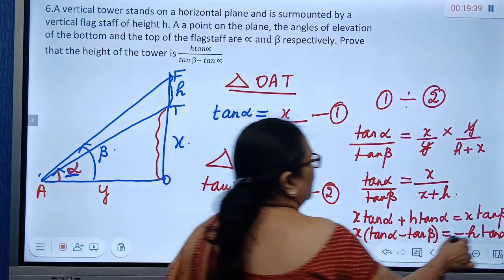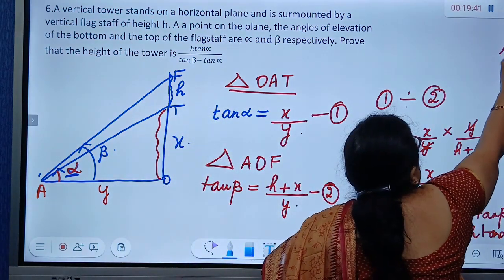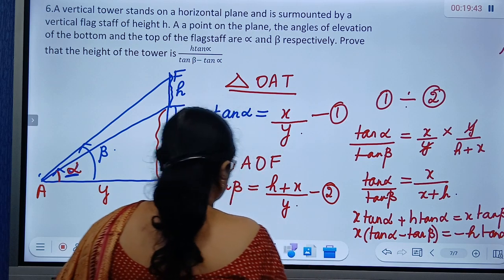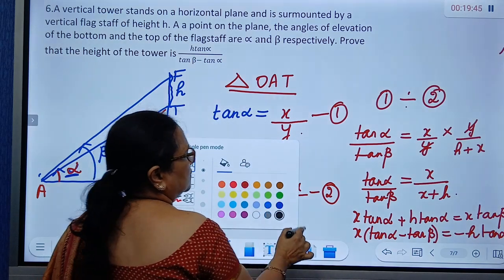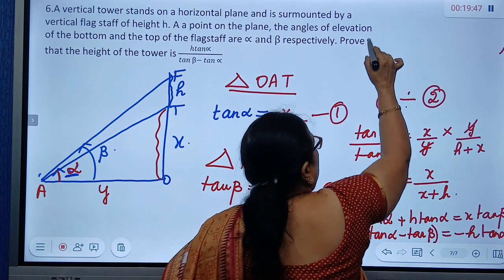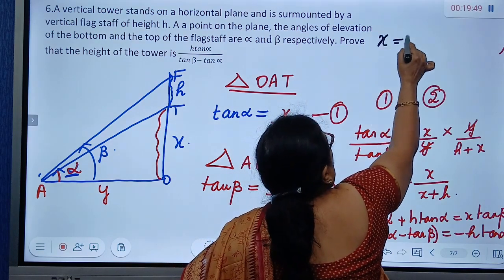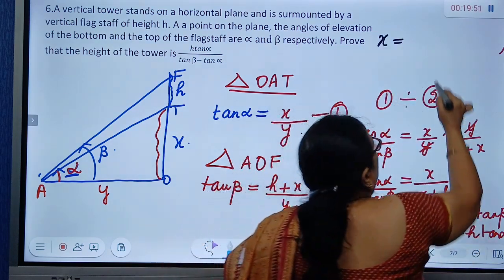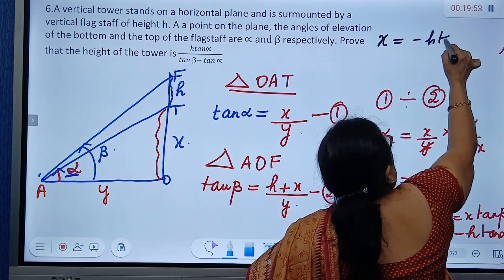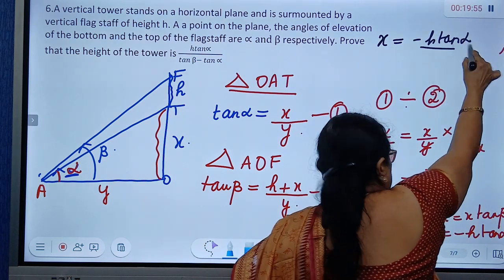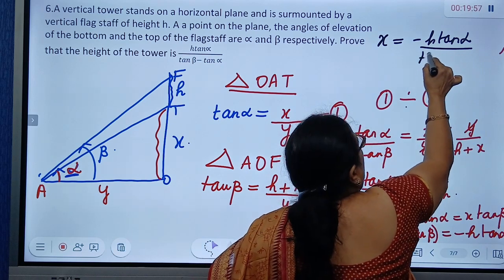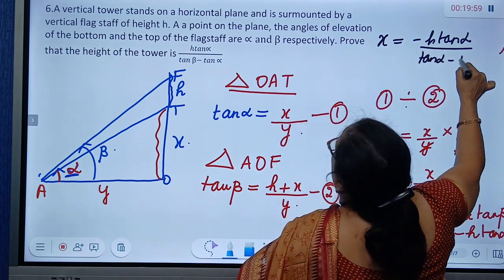Okay. After this, I am continuing here. Okay. Now X is equal to, from here what do you get? Minus H tan alpha divided by tan alpha minus tan beta.